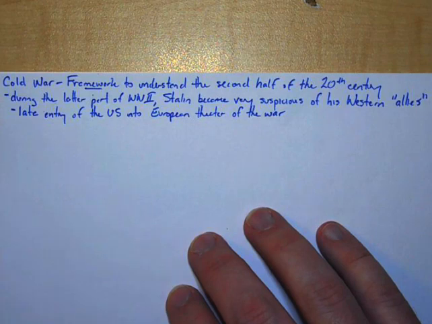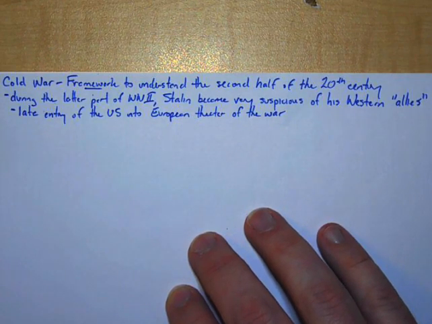And to give Stalin some credit, he was probably a little bit right about that. So he was suspicious of the motives of his supposed allies.